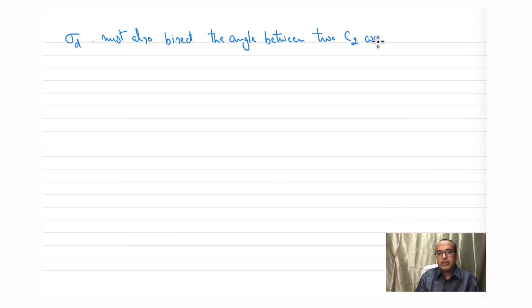But there is one more condition to that. Sigma d must also bisect the angle between two C2 axes that are perpendicular to the principal axis.